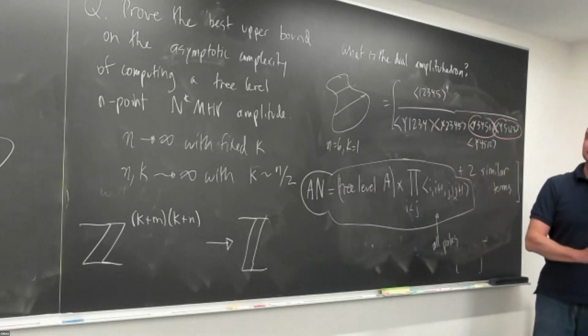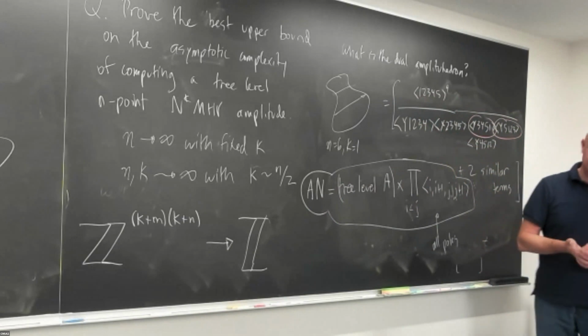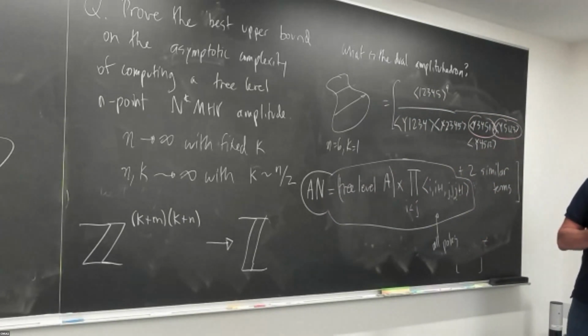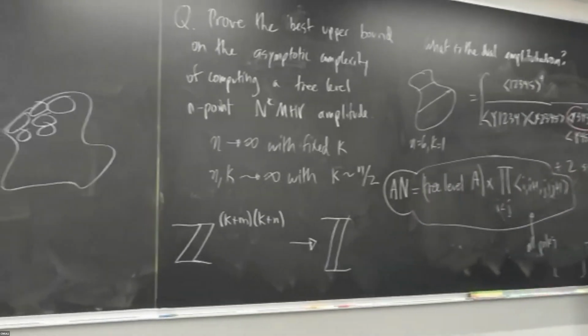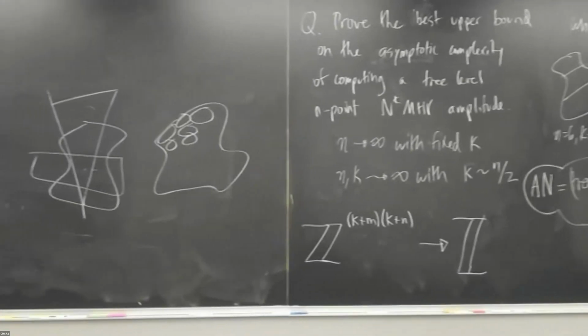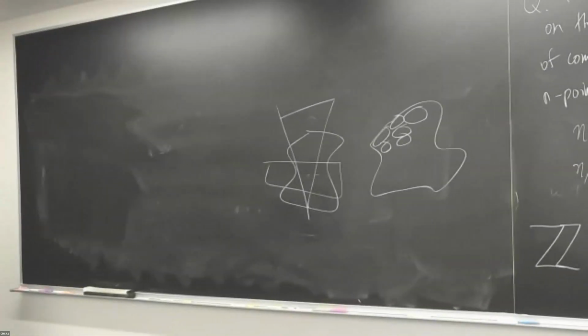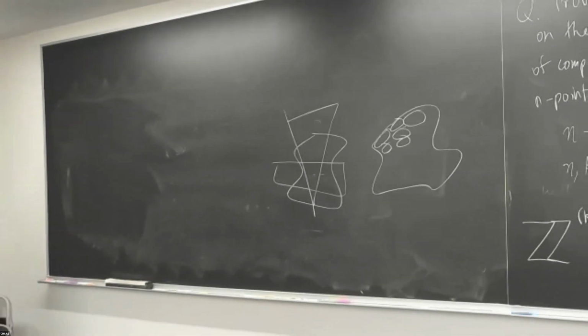A brief comment. In the case of k equals 1, where the amplitude is a polytope, or in general in the case of polytopes, if you want to compute their canonical forms, this question has a clear answer: the numerator has a clear interpretation as the adjoint of the polytope, which geometrically is called the residual hyperplane arrangements of the facets of the polytope.